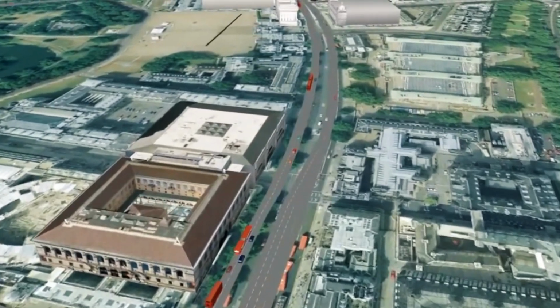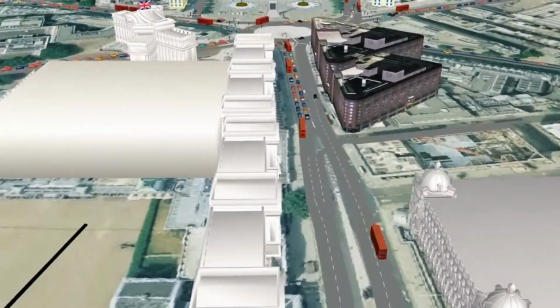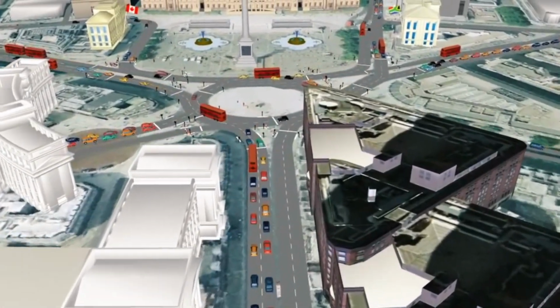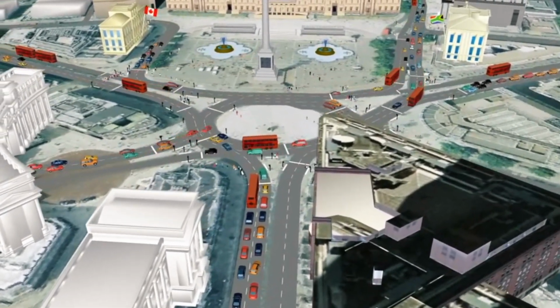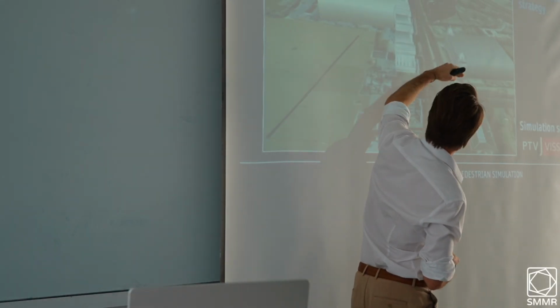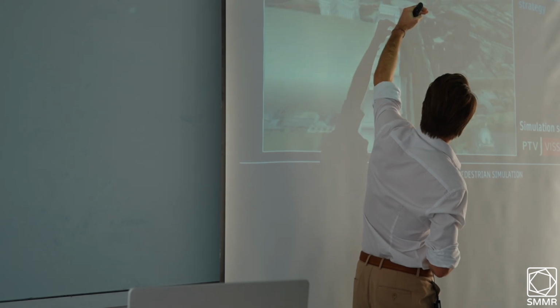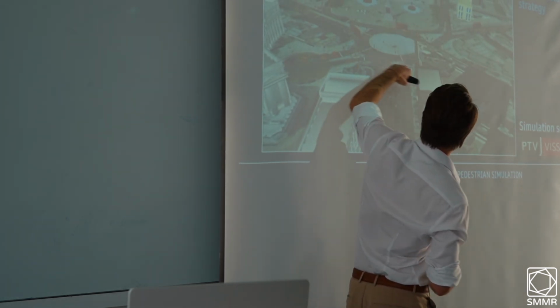And basically, this is an ITS project. They developed what we call a queue relocation strategy. Basically, there are intersections here, here, here, and here. We have intersections at the roundabout.